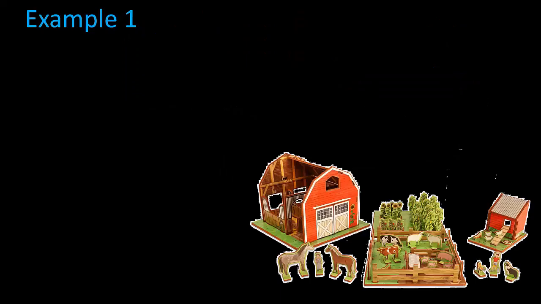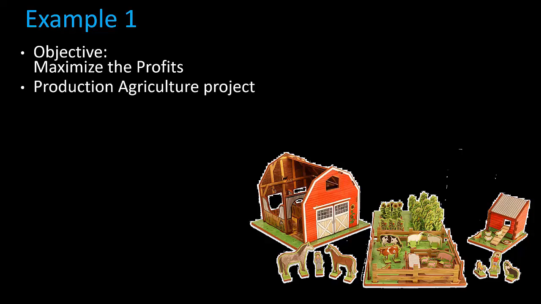So let me explain an example here, so we can bring all of this theory into some application. So think of this. Think that you're working on a farm. One of the objectives of farms, or in the theory of agricultural production, is to maximize the profit.